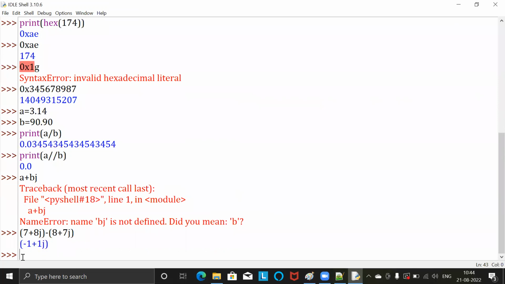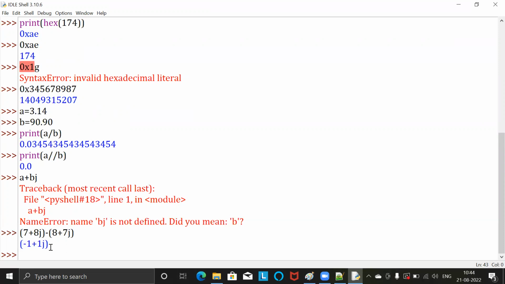The value is minus 1 plus 1j. Like that, this complex number is able to do the basic arithmetic operators only, like addition and subtraction. This is about complex numbers.